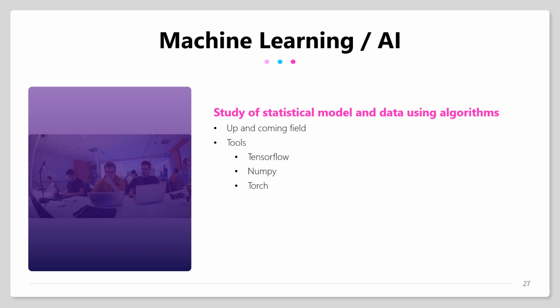I've seen a lot of Python tools that do this, but we have TensorFlow, NumPy, Torch. I think you can even get TensorFlow, a JavaScript library, to do these things. So it's a great future thing, something you should probably think about. It's definitely happening today. There's a lot of machine learning jobs out there, so I would look into that.